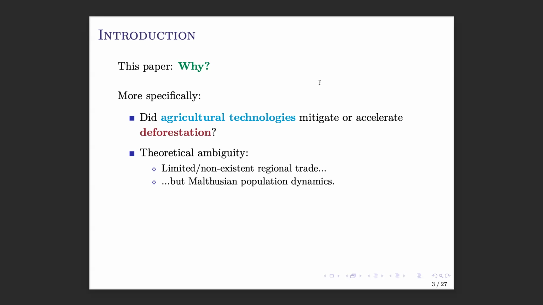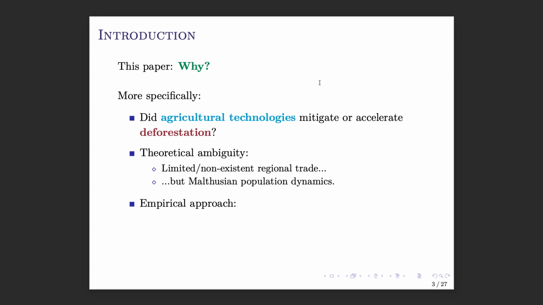And that tends to make improvements in agricultural technology reduce forest cover. And then the competing force, of course, is that in a Malthusian world, if we have improvements in agricultural tech that raise standards of living, this raises the population, and that has competing effects on forest cover.